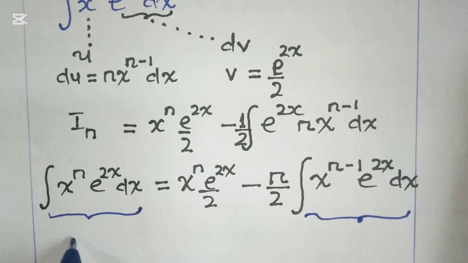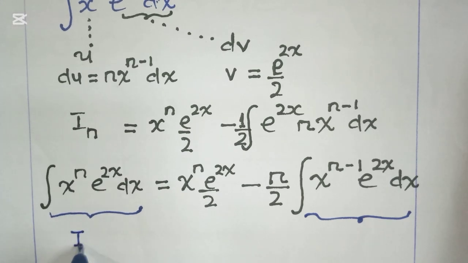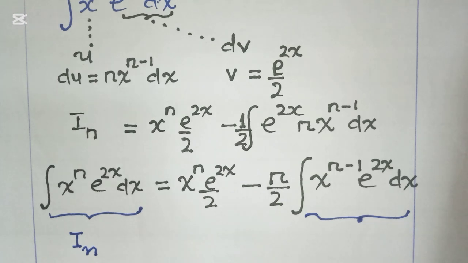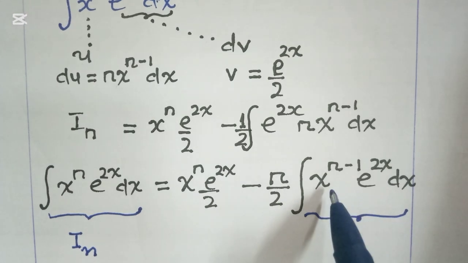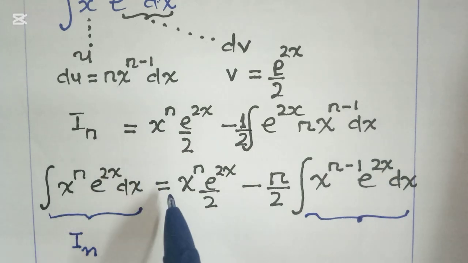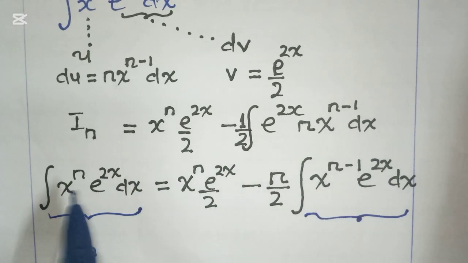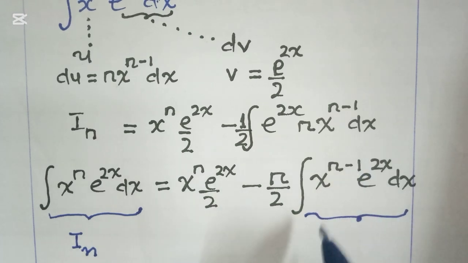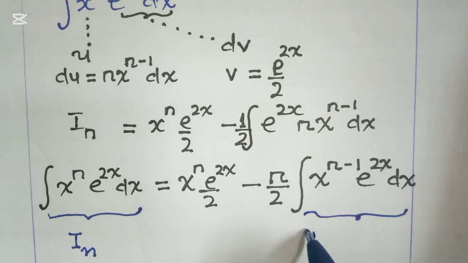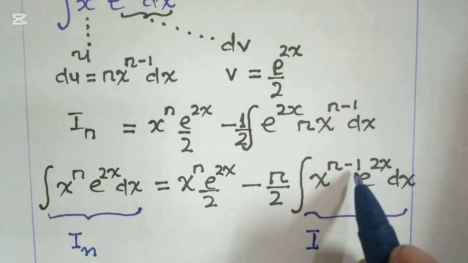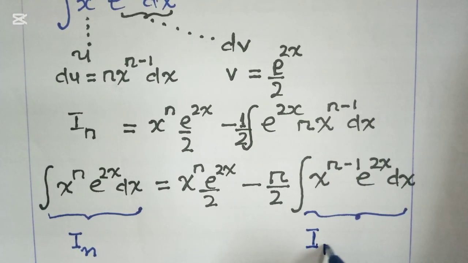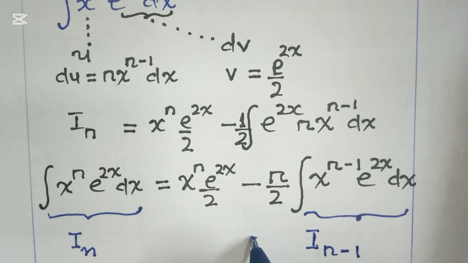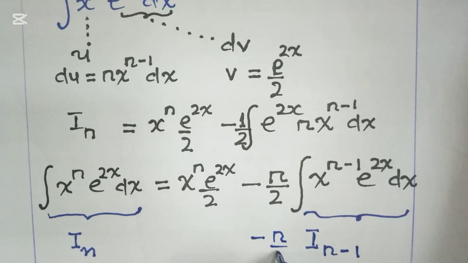So this one we are calling I_n. And if you look at this, guys, you can see that it's very similar to this, only that this one has n minus 1. And so guys, we shall call this one I_(n-1), because all other places are the same except here. So this one will be I_(n-1), and then we put our figure here, n all over 2.